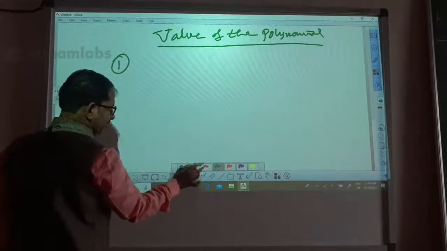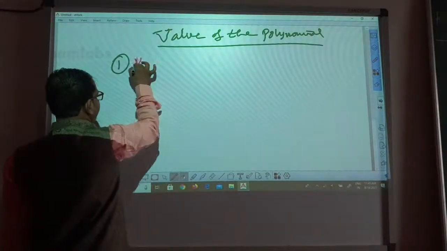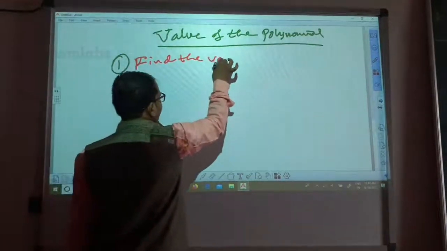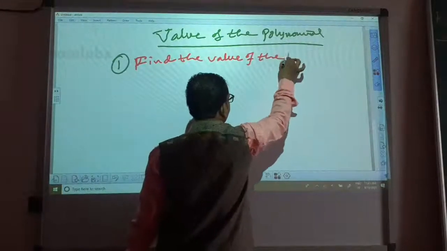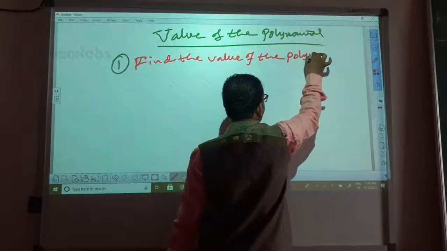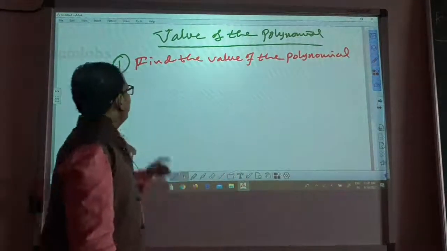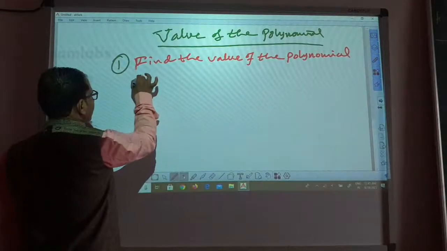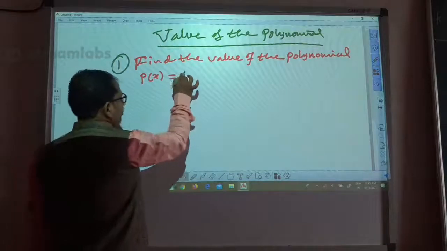First, I am going to write this problem. Find the value of the polynomial p of x is equal to 8x plus 3, at x is equal to 0.